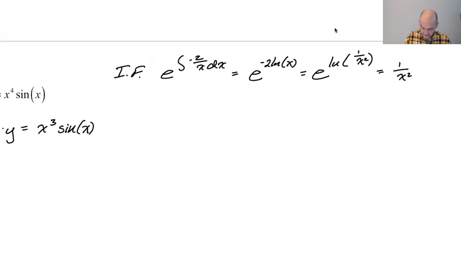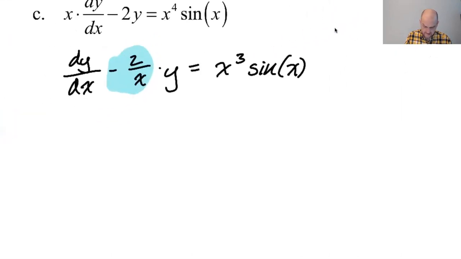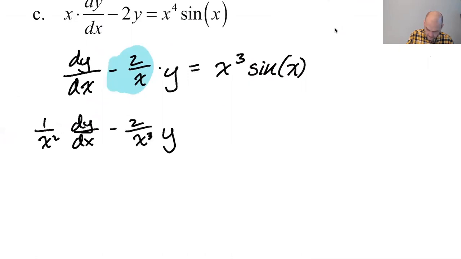So we're going to multiply through by that. So 1 over x squared dy/dx minus 2 over x cubed times y equals, so 1 over x, so x sine of x. All right.